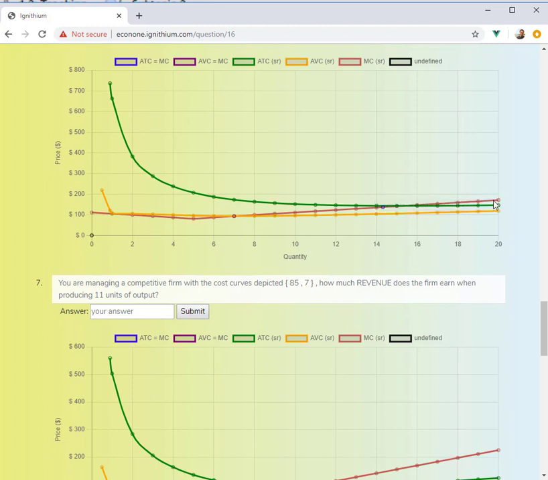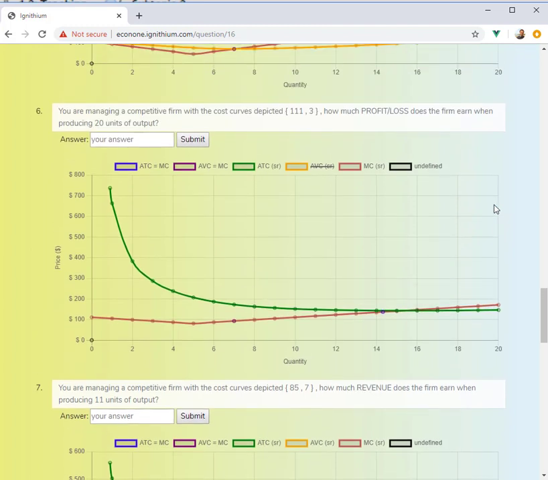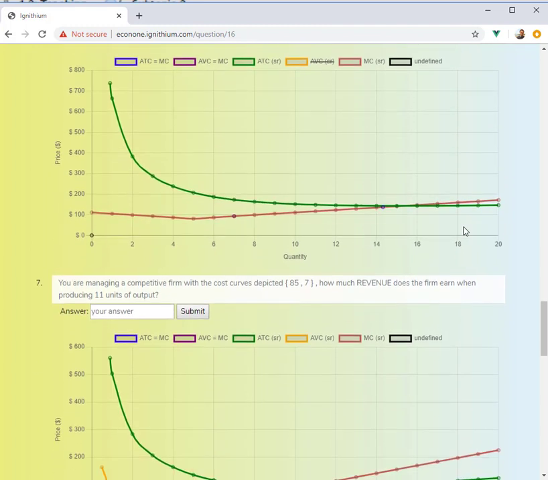There's not a way for me to draw it out for you on the demonstration, but I'll just make sure we're talking about the height of the rectangle as being the difference between these 2 points, because price is equal to marginal cost, and price minus average total cost times the quantity is going to give us profits. If there's a profit, it could be a loss too.